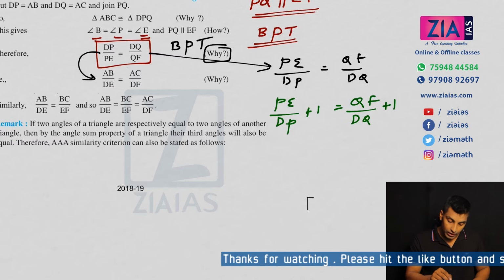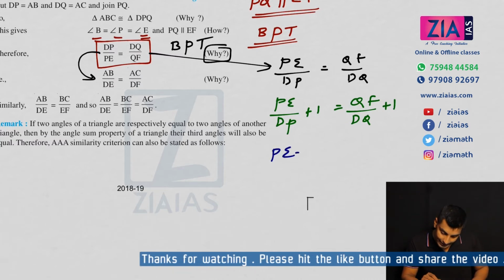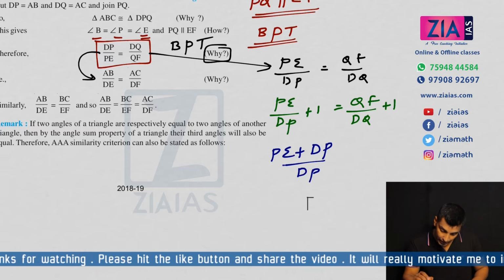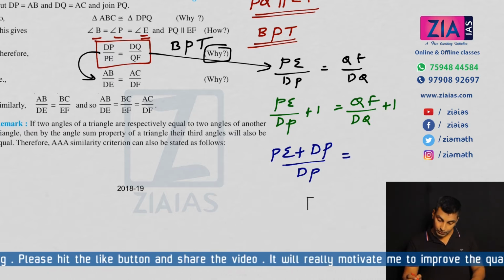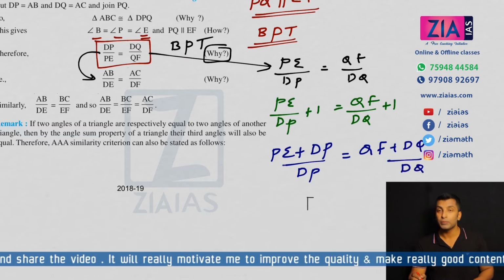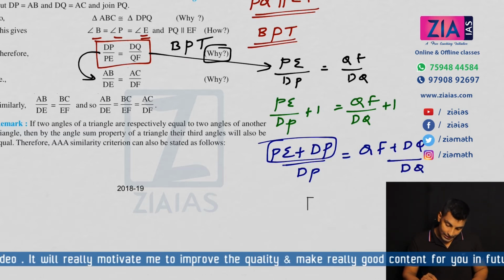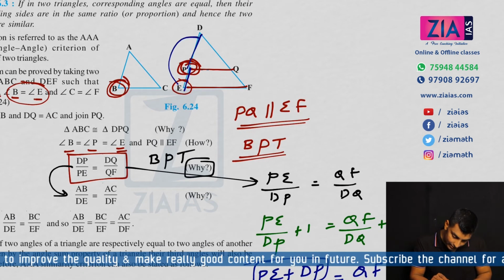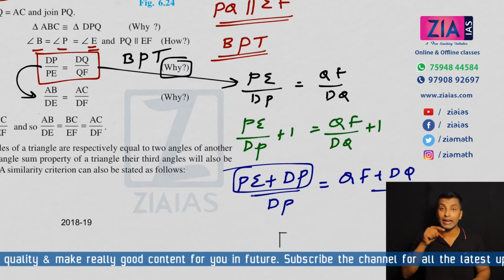Adding 1 effectively means you can write this as PE plus DP divided by DP equals QF plus DQ divided by DQ, right? So what is PE plus DP? Looking at this triangle, this is PE, this is DP, so together we get DE.